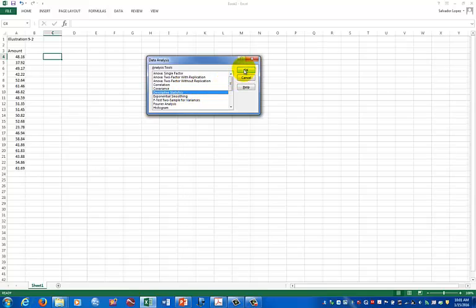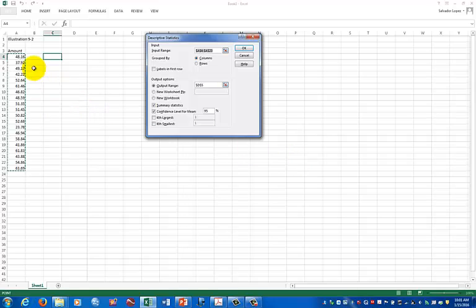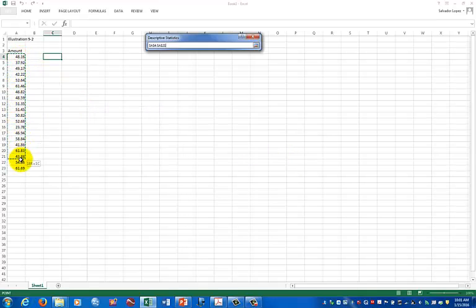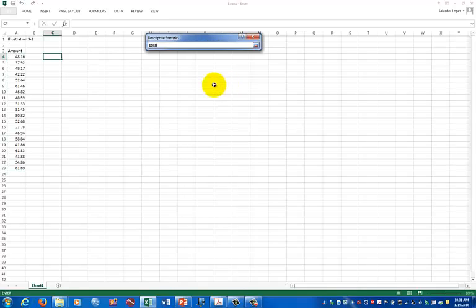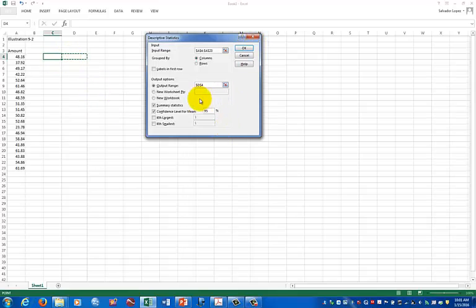Click OK. Select the data set first, that is right here on top, the input range. For the output range, you can select, let's say, right here, and check summary statistics. In this case, we're also going to check confidence level for mean.